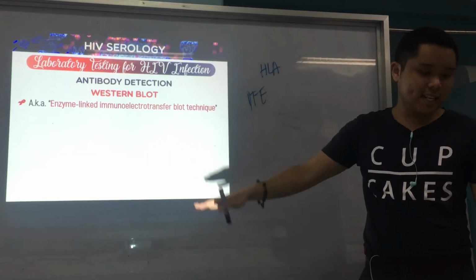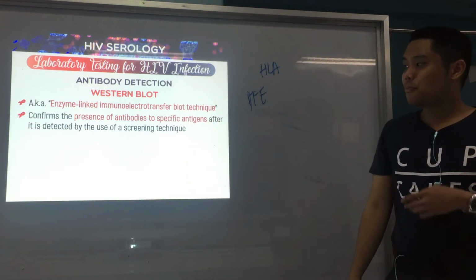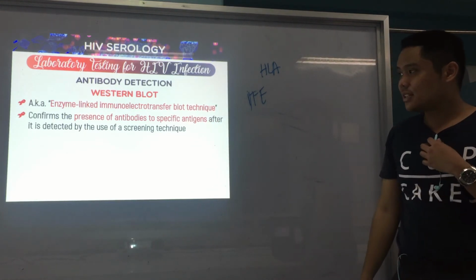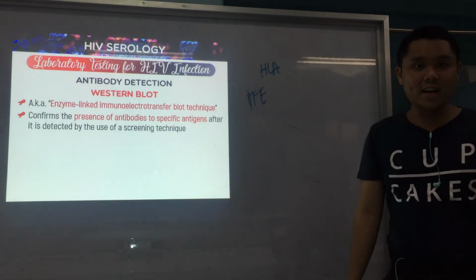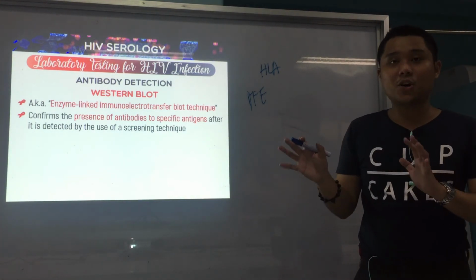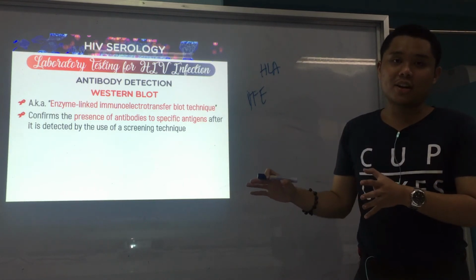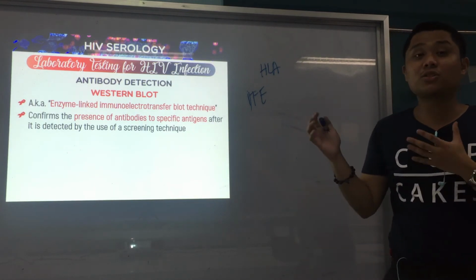Again, it is usually used to confirm the presence of antibodies to specific antigens after detection by screening, either ELISA or rapid tests. So if the result is positive on screening, ELISA or rapid test, it should be subjected to Western blot.